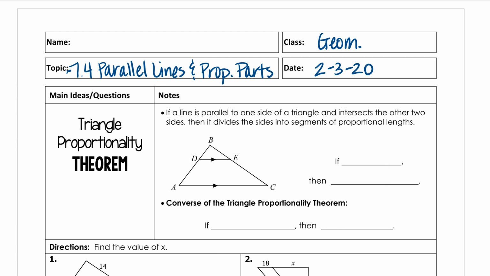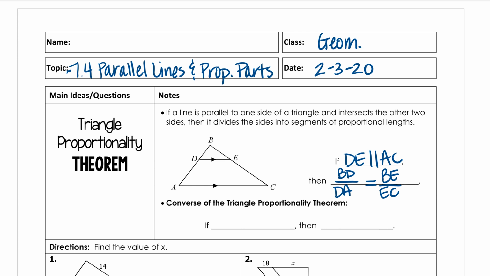So what that means is, in this picture, if DE is parallel to AC, and remember the triangles show that two lines are parallel to each other, then that splits up the triangle into some proportions. So BD over DA equals BE over EC.